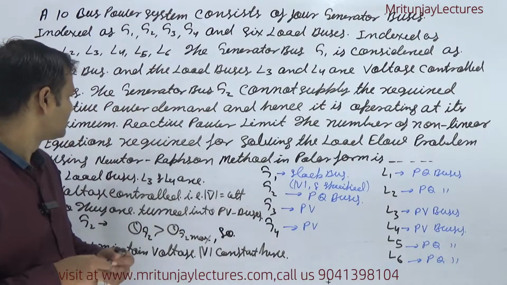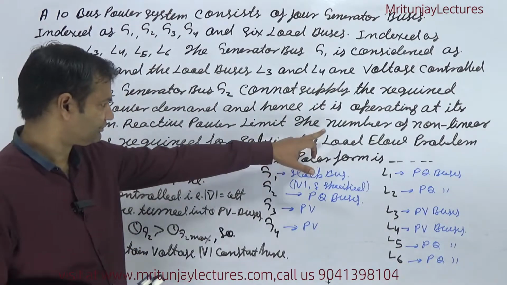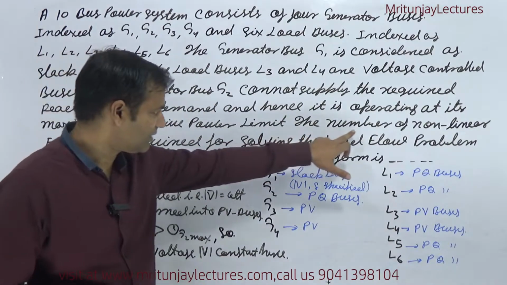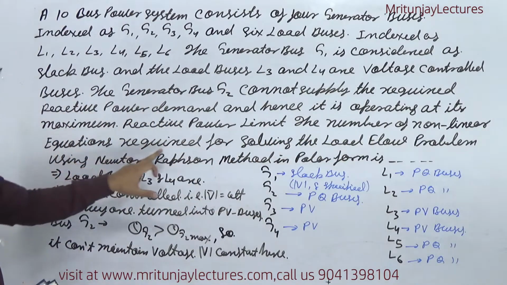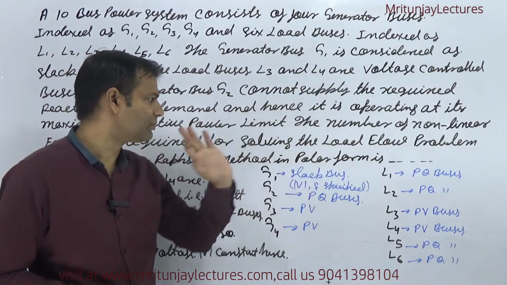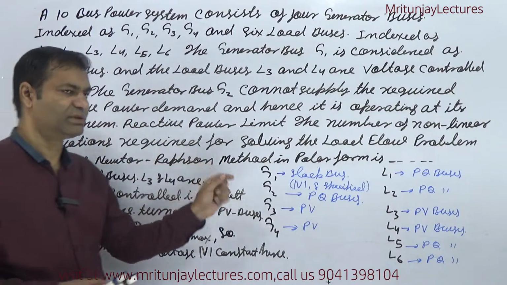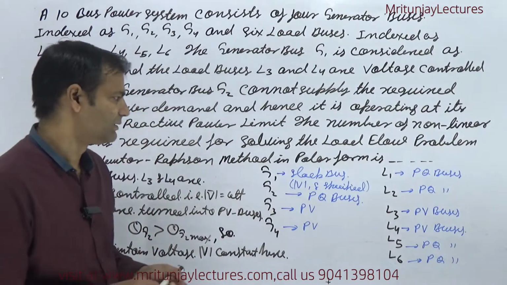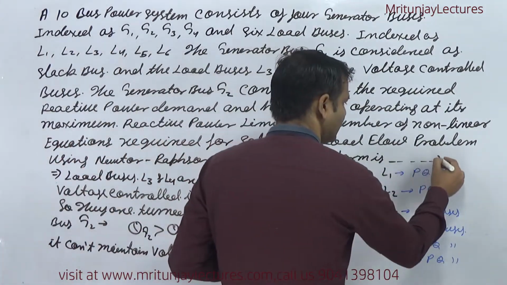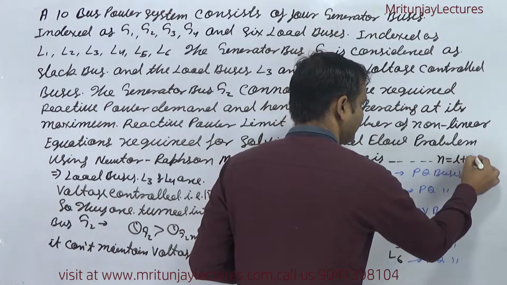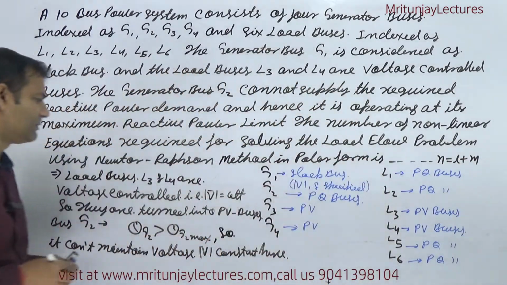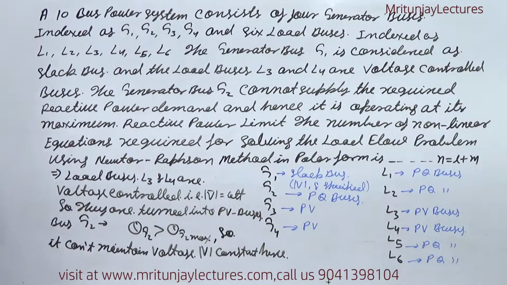After that, we need the number of non-linear equations required for solving the load flow problem using the Newton Raphson method. Basically our motto is to determine n. I know that n is L plus M.